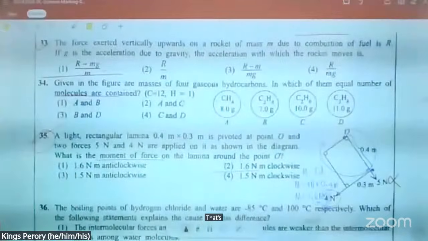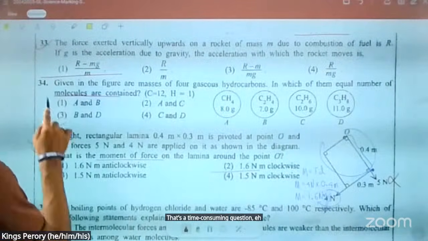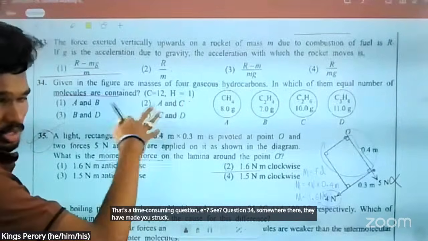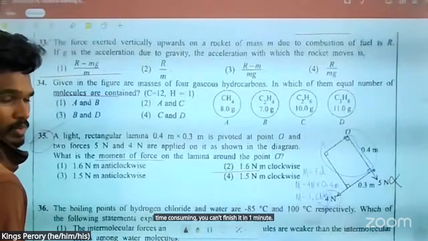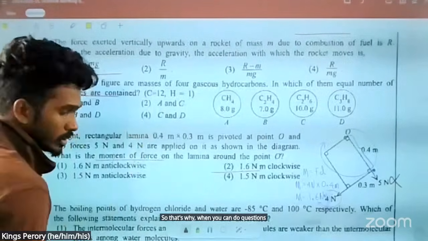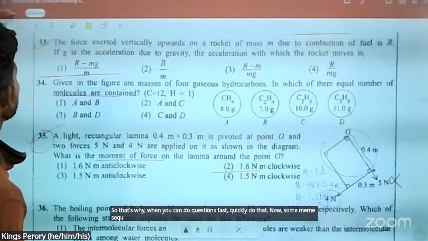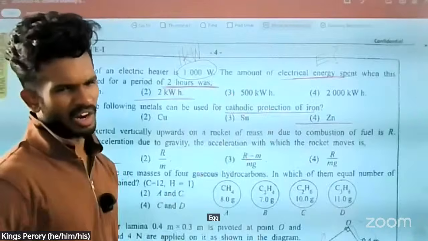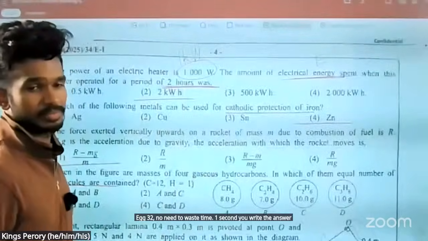That's a time consuming question. See, question 34, somewhere there they have made you struggle. Time consuming. You can't finish it in 1 minute. So when you can do questions fast, quickly do that. Some MCQs you don't need to waste time. For example, take 32, no need to waste time. In 1 second you write the answer and go to the next one.